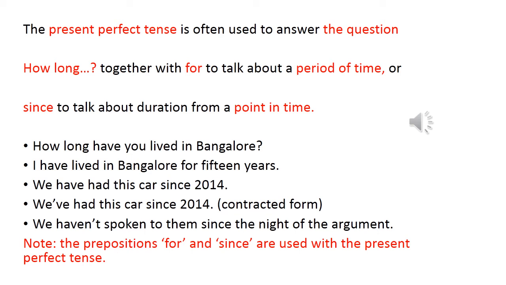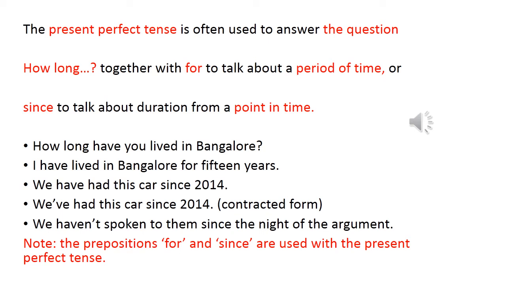And look at the last example there. We haven't spoken to them since the night of the argument. Focus your attention on this group of words, since the night of the argument. So there, since is indicating a particular point of time. Not only the duration, but a particular point of time. And what is that particular point of time? Since the night of the argument. We haven't spoken to them.